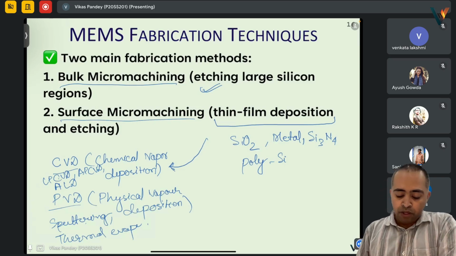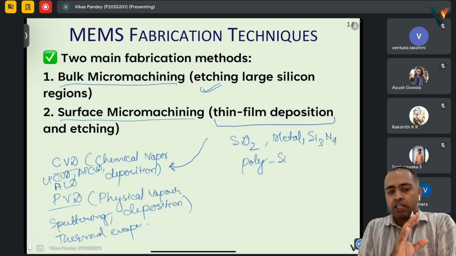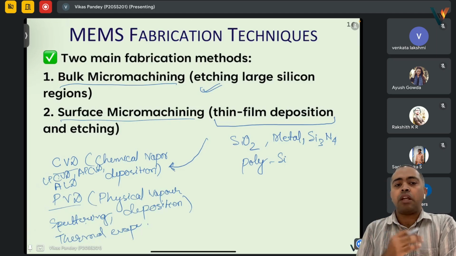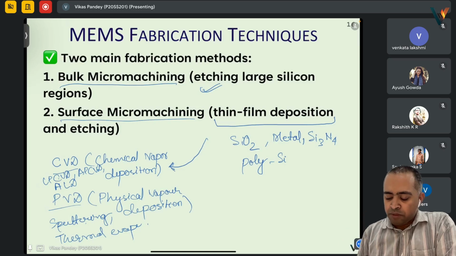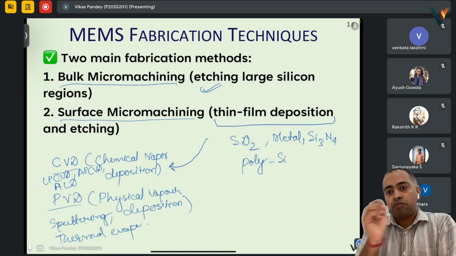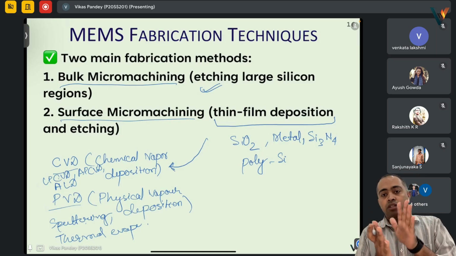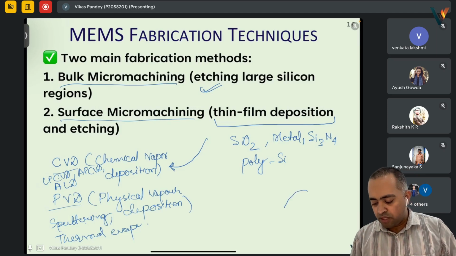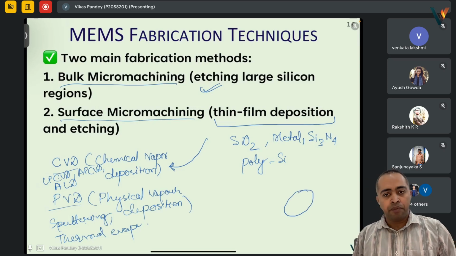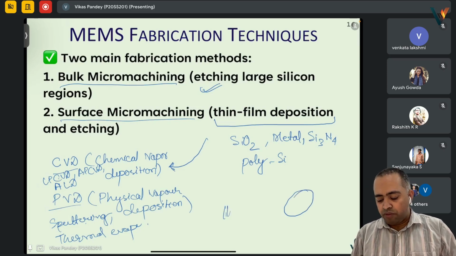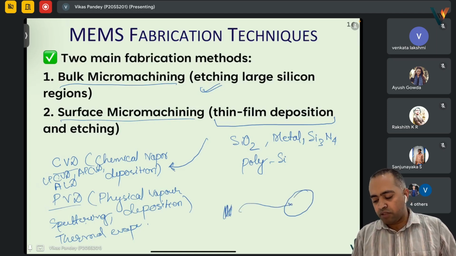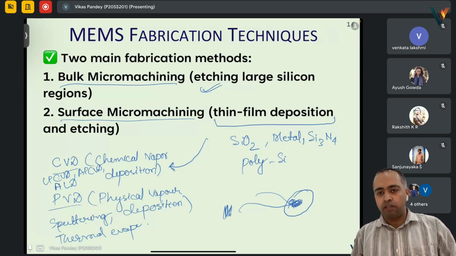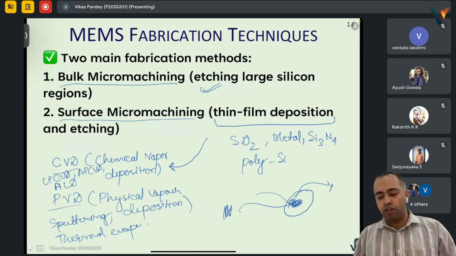Briefly, CVD, or chemical vapor deposition, is a technique in which some chemical reaction occurs on the surface of the silicon wafer we are taking. We will have some gas reactants that come on the surface. The two react, make a product and leave the product here, and the byproduct goes out.